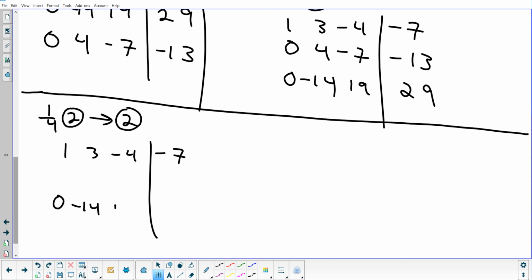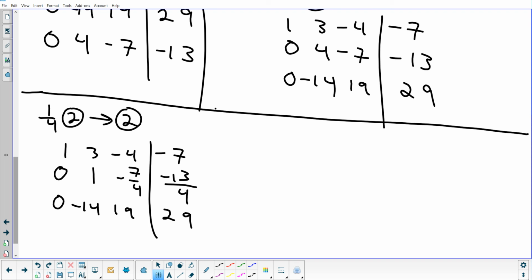The bottom row stays the same. And what does the middle row become? 0, 1, negative 7/4, negative 13/4. Okay, not too bad. Only 2 fractions I'm going to have to deal with, and I'm only going to have to deal with them one time. And then once I get a 0 here, I'm pretty much done.